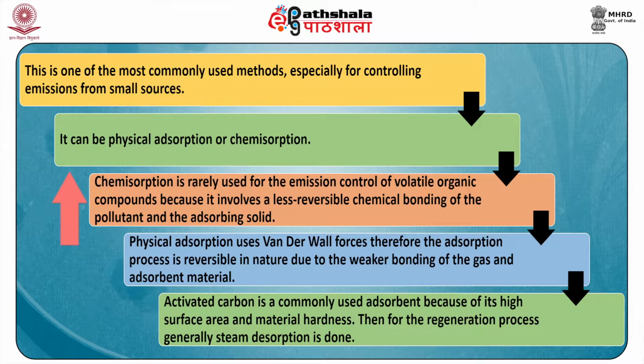It can be physical adsorption or chemisorption. Chemisorption is rarely used for the emission control of volatile organic compounds because it involves a less reversible chemical bonding of the pollutant and the adsorbing solid.